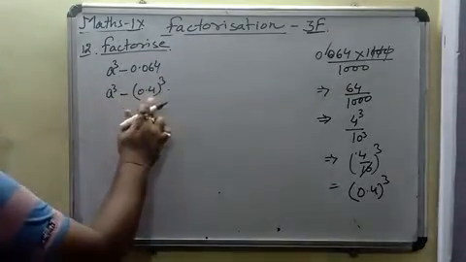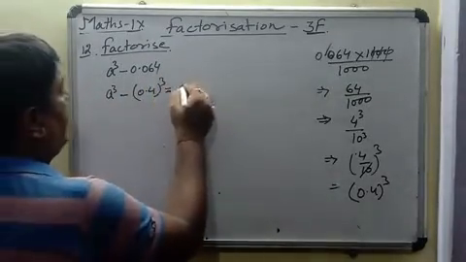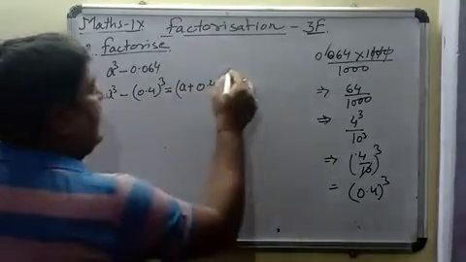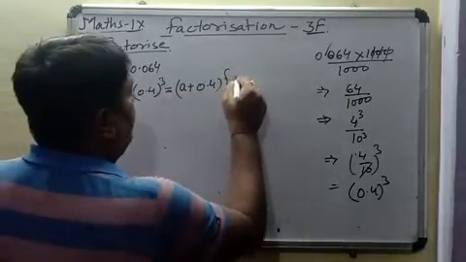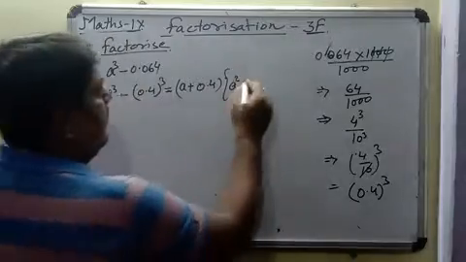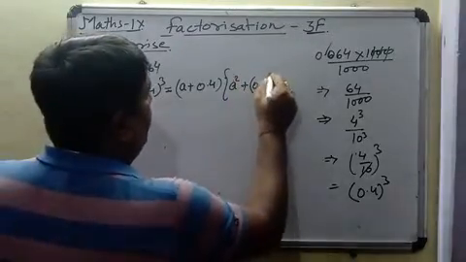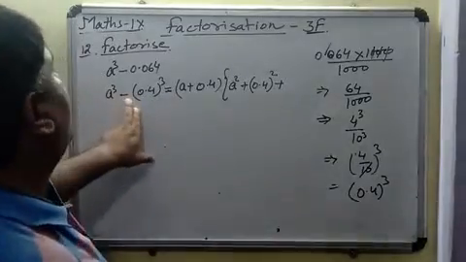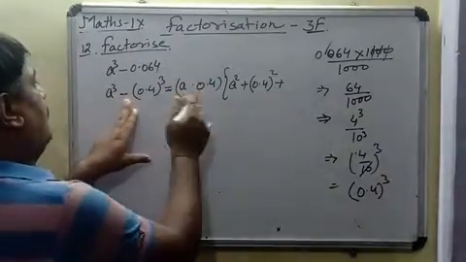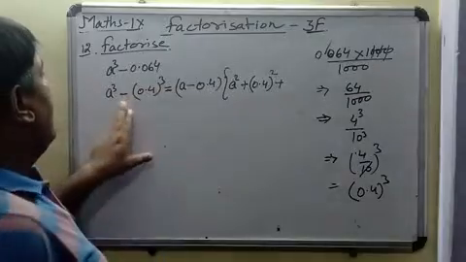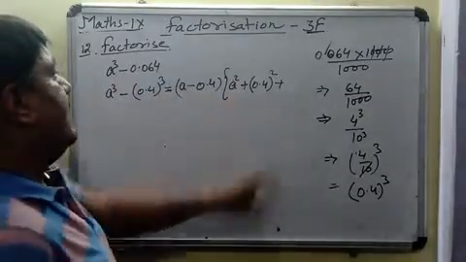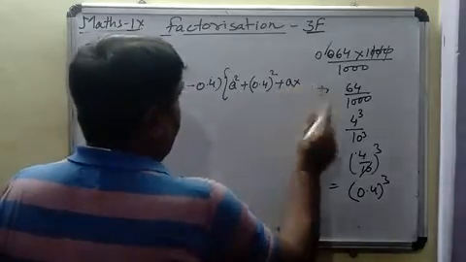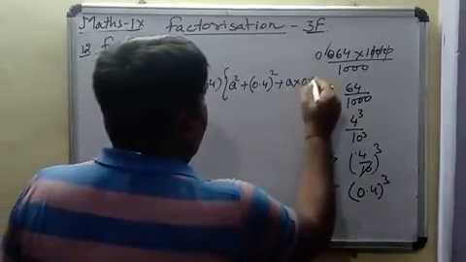a cube minus b cube stands for a minus b in the first bracket. In the second bracket, a square plus b square plus ab, we are having the minus formula here, so we will be having a minus sign in the first bracket. So a square plus b square plus a into b. a into b means 0.4a.